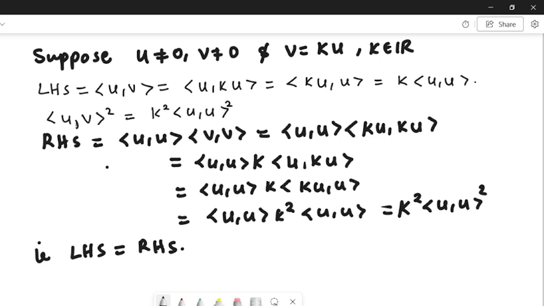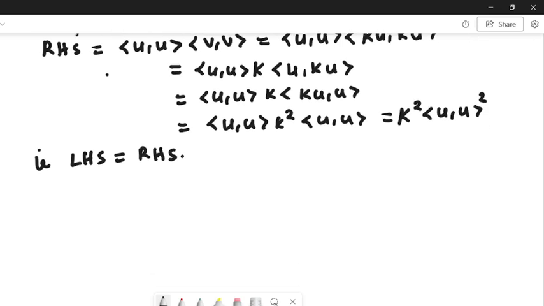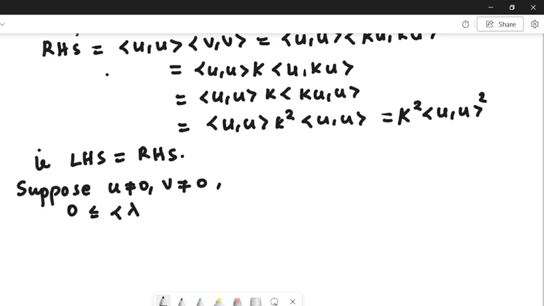Now we're moving on to the next. So in our third case, we are supposing that u is still not equal to 0, v not equal to 0. But then we have the inner product of lambda u plus v with lambda u plus v, where lambda is a scalar.